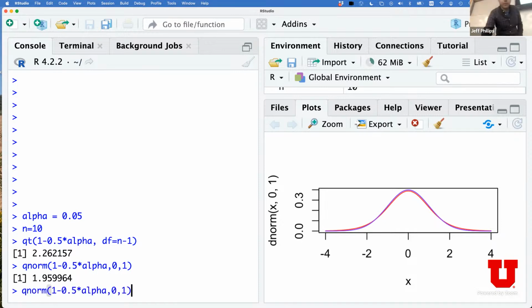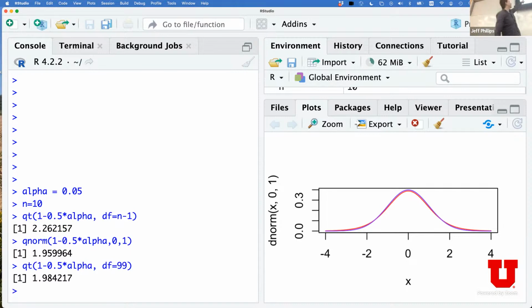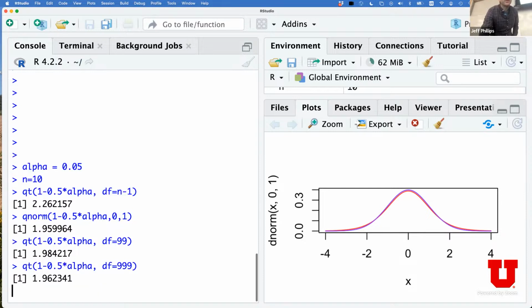But if I increase the degrees of freedom to 99, meaning I had 100 samples, then this is looking pretty close: it's 1.98. And if I have 1,000 samples, it's 1.962, which matches to the fourth digit of precision at this point. So if you have 1,000 samples, you can feel pretty good about those estimates.